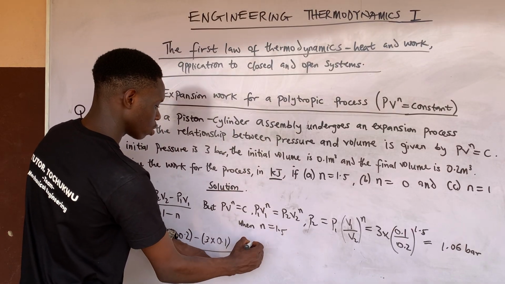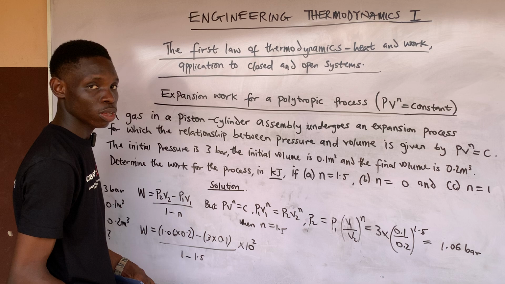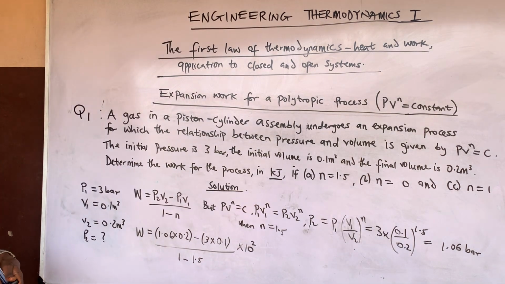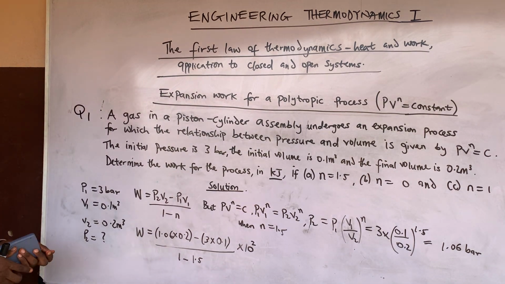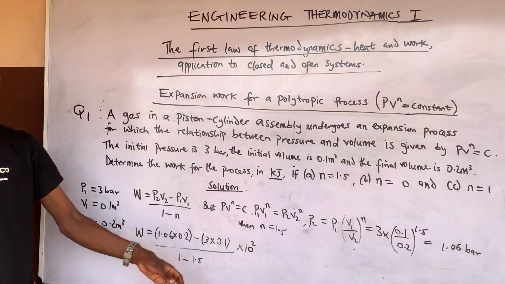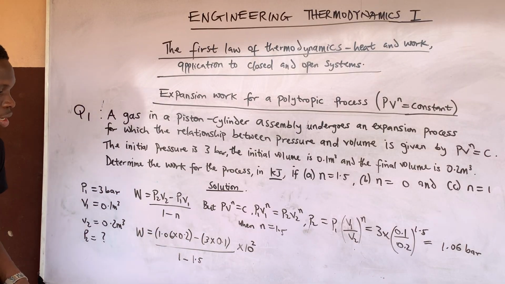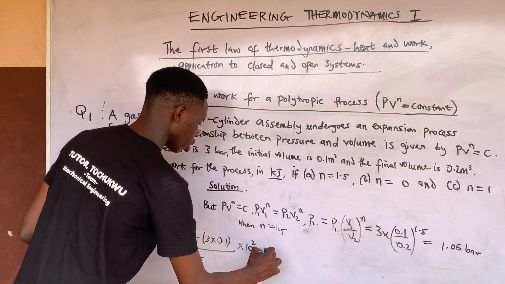So when your pressure is given in bar and you have to find your work in kilojoules, when you do the whole calculation, multiply everything by 10 to the power of 2. Now, when we do that, what do we obtain?